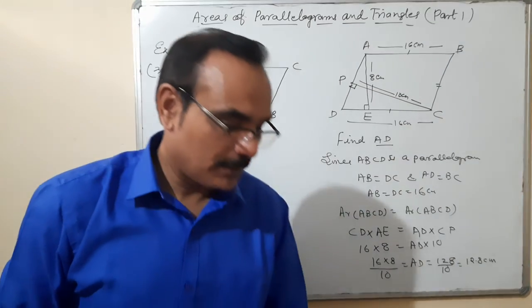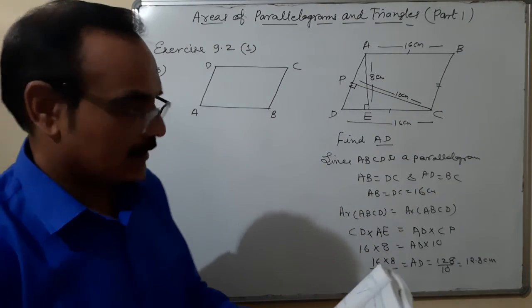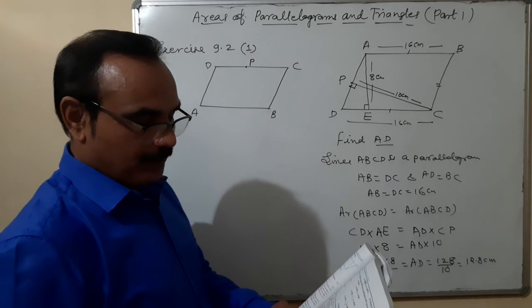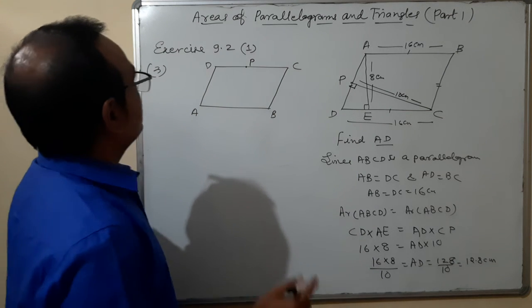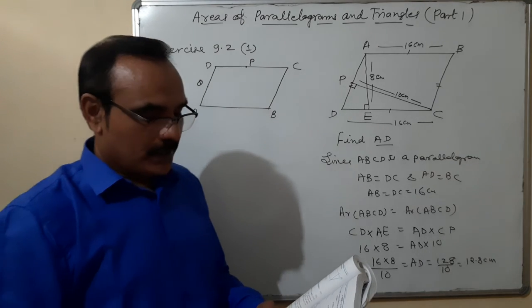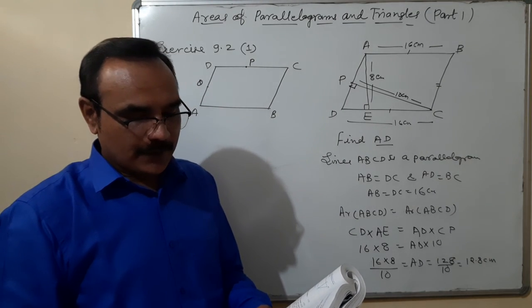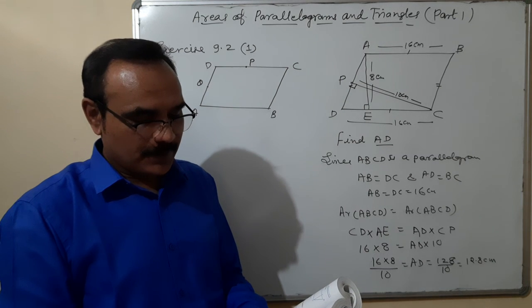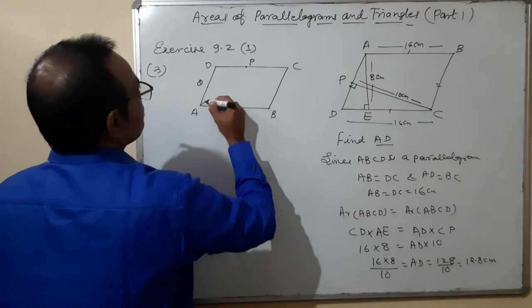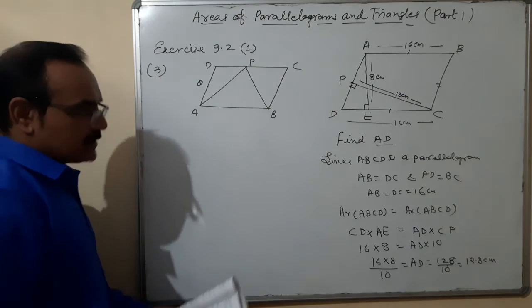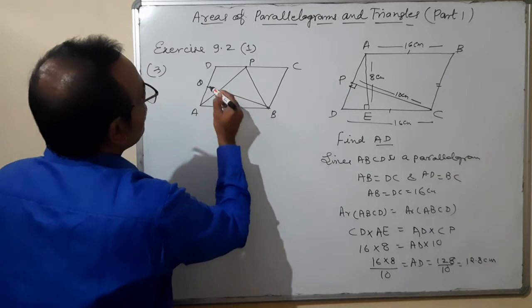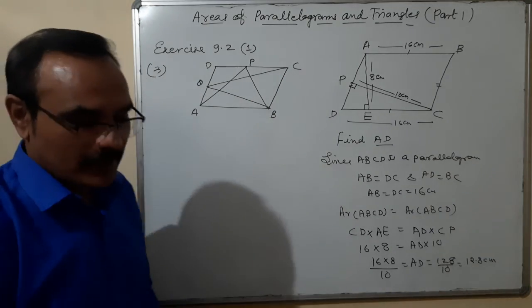P is on DC, anywhere, not at the mid, and Q is on AD. Show that the area of triangle APB is equal to the area of triangle BQC.